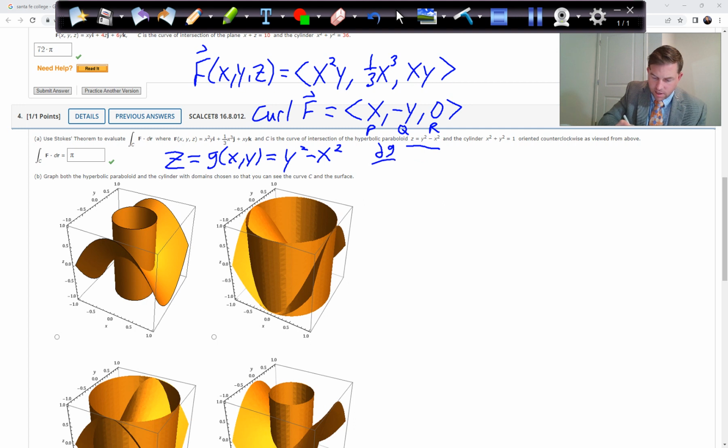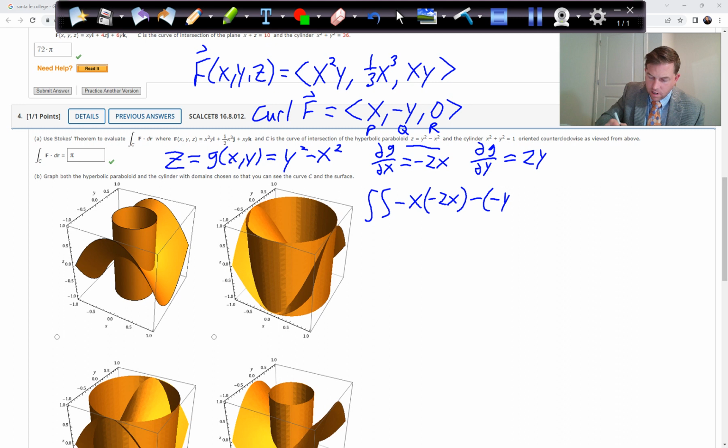Therefore, dg/dx should be minus 2x, dg/dy is equal to positive 2y, and the double integral becomes minus P, which is minus x, times dg/dx, which is minus 2x, minus Q, which is minus y, times dg/dy, which is 2y, plus R, which is 0. All of that's on dA.